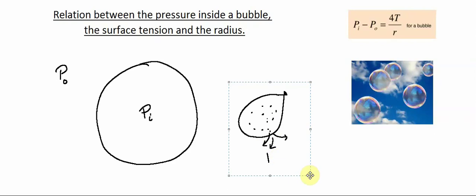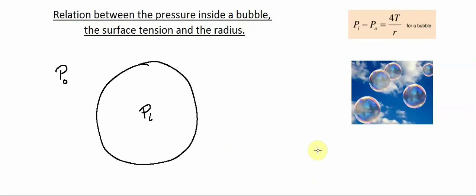And on a bubble there are two forces that act, which are equal to each other for the condition of equilibrium. So this bubble is in equilibrium with itself, and there are two forces playing a role.